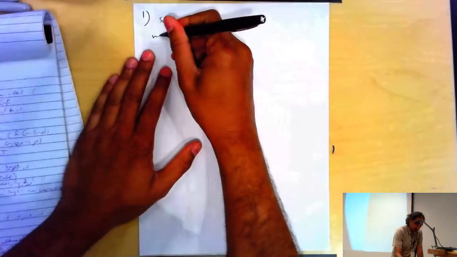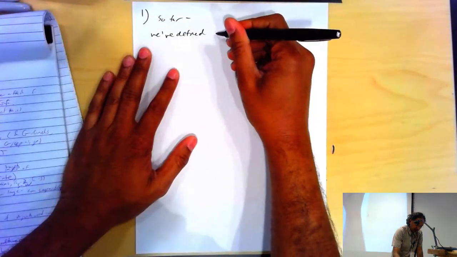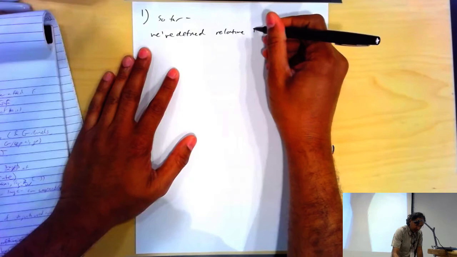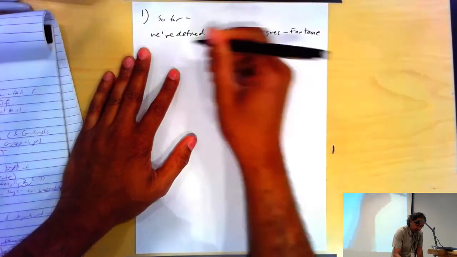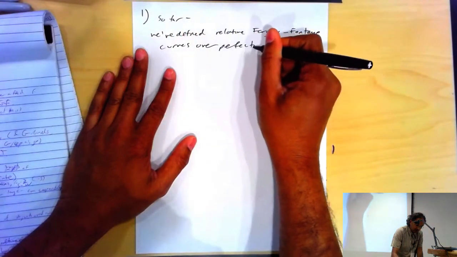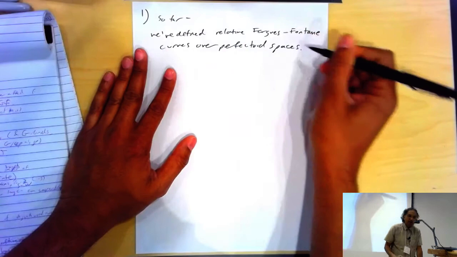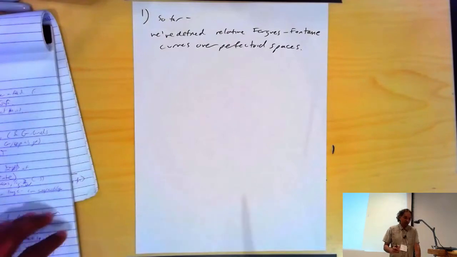So we've defined relative Fontaine curves over perfectoid spaces. Well, mostly we talked about doing this over this Spa of a perfectoid pair, but the construction certainly glues.